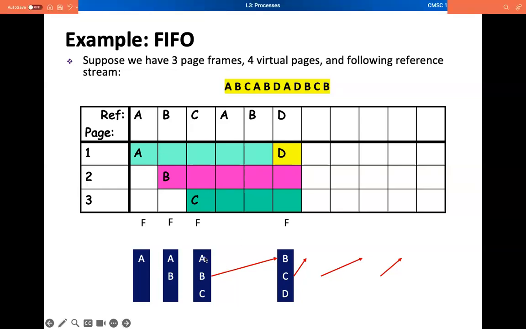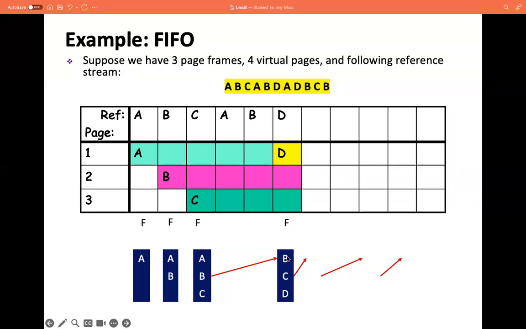You can also see it here in the stack. Initially you have A, and then AB, and then ABC. So we have a tracker here. At this time, we are going to replace A with D. So we have B, then C, and then D. Basically what it means is B is now the oldest.